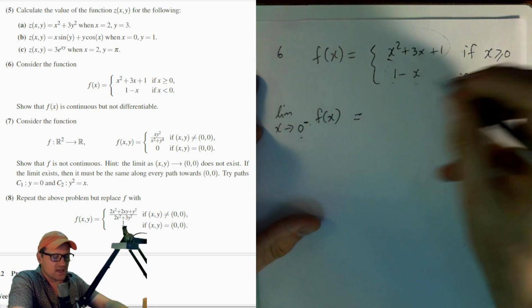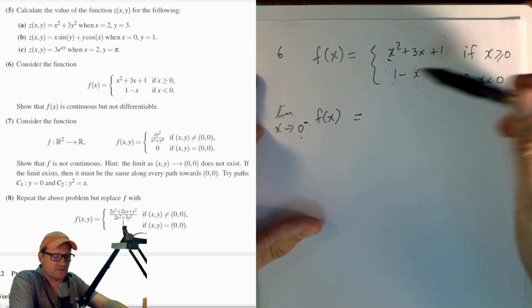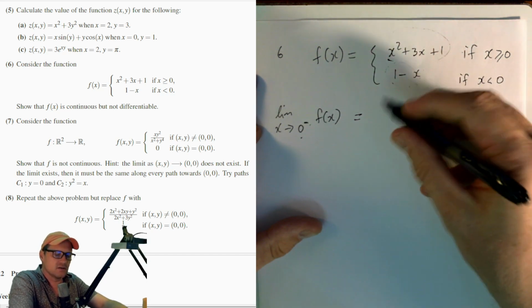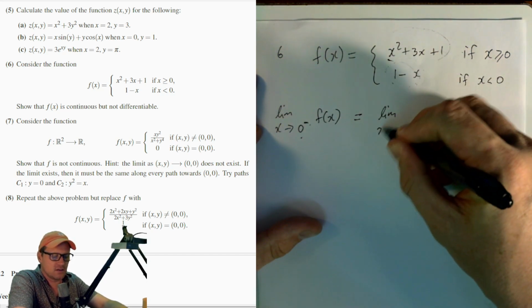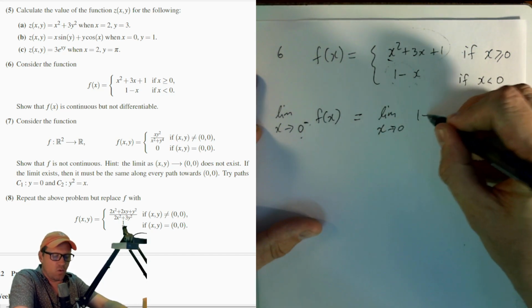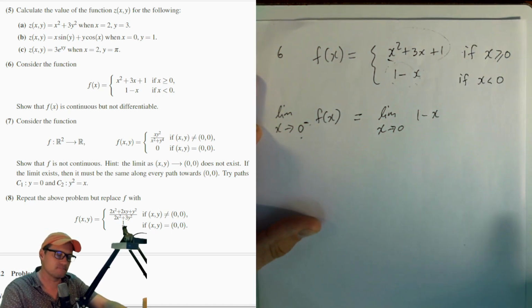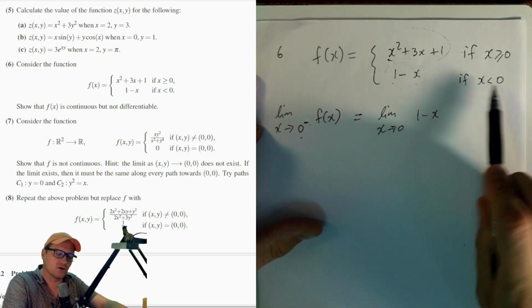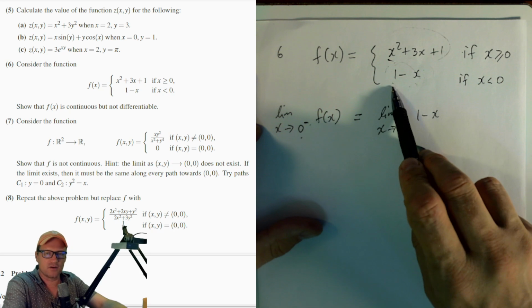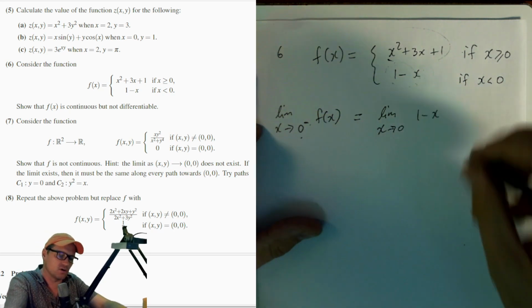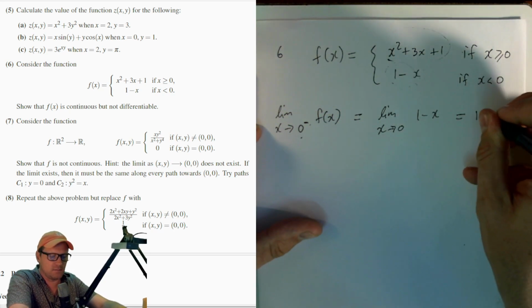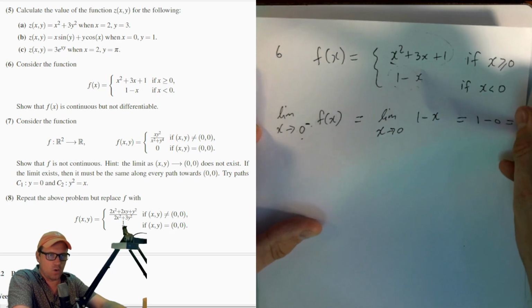Since it's on the left, we're looking at the limit as x goes to 0 of 1 minus x, because on the left of 0, this is how that function is defined. This limit is 1 minus 0, which is 1.